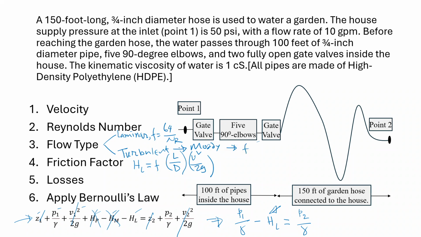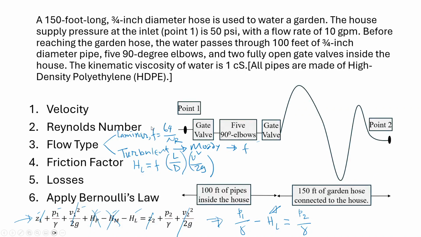Both for the Moody diagram and for the laminar equation, you need the Reynolds number, NR, which is the second step. To find the Reynolds number, it has velocity in it, so you have to find the velocity too. So first you have to find the velocity, then the Reynolds number, then the flow type, and all these steps.